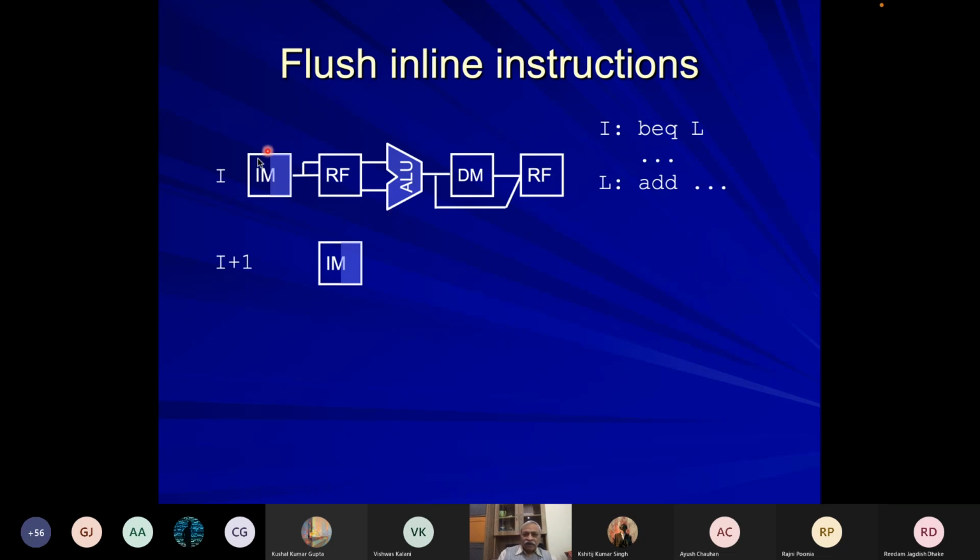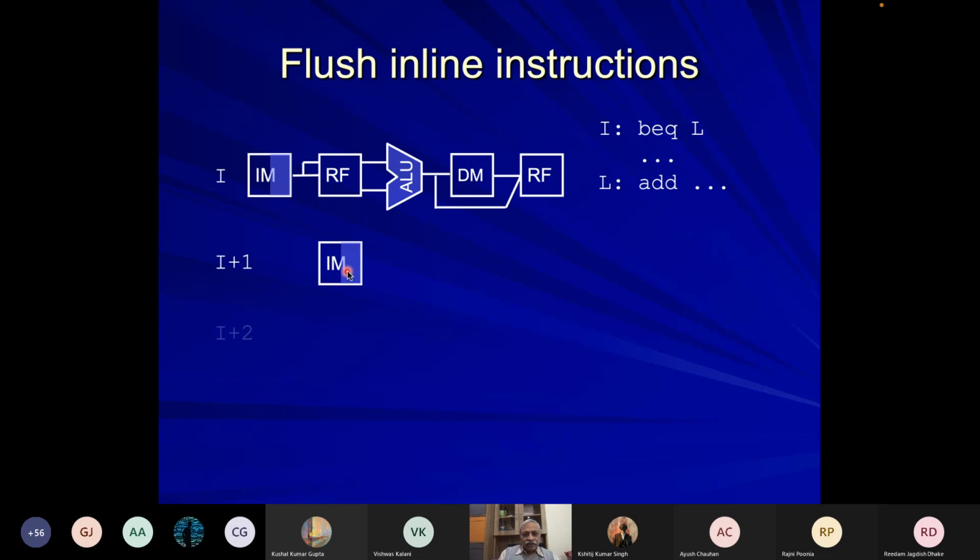So in this depiction, the vertical axis indicates time. So this is one instant of time, then the next cycle, the next cycle, and so on. When this branch instruction reaches the RF stage, the next instruction I plus 1 is in the instruction memory or fetch stage.